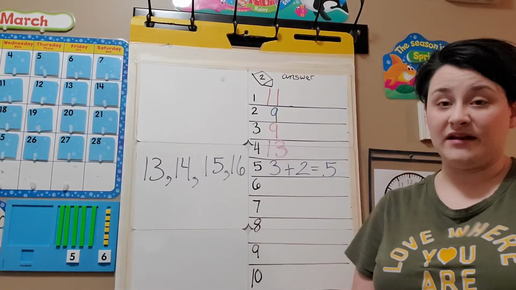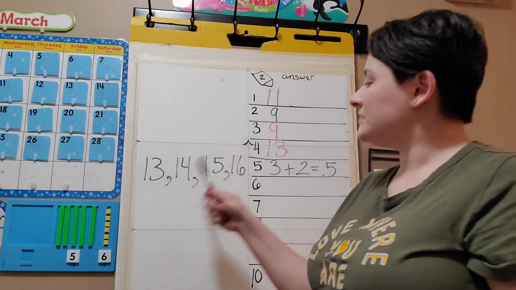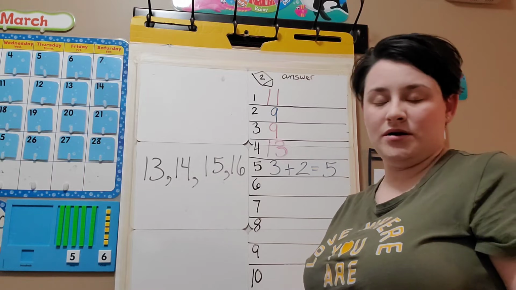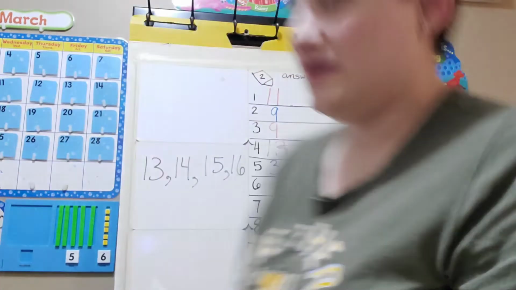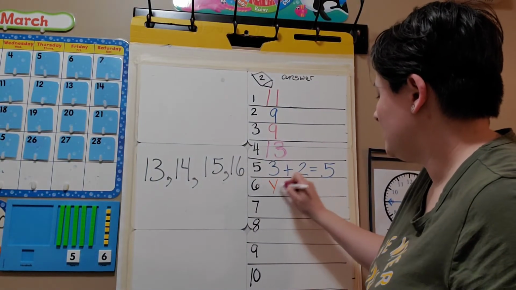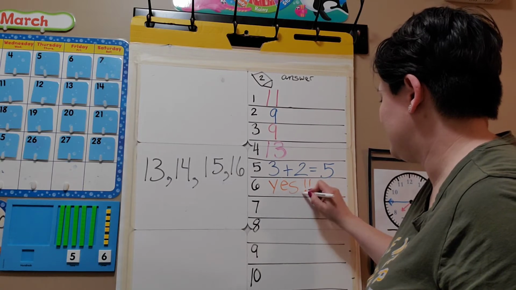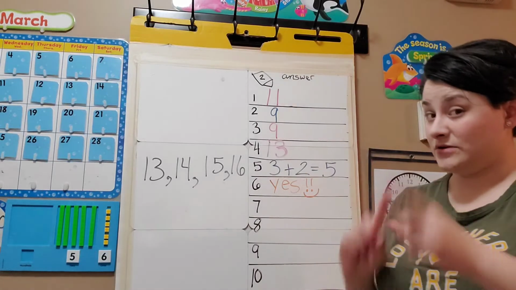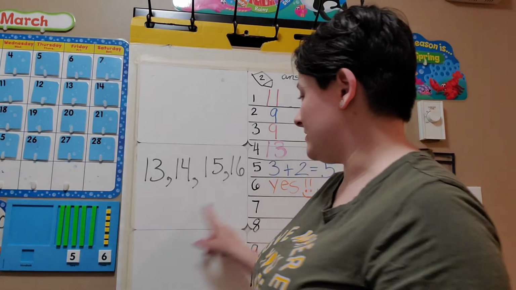So if you want to add commas in on your worksheet, I'd be fine with that. 13, 14, 15, 16. Are those numbers in order? I think we know that answer. Yes, absolutely. They are in order. Let's put yes and an exclamation point smiley face. Yes, they are. Are they increasing or decreasing? Increasing. Starting at a low and going up.